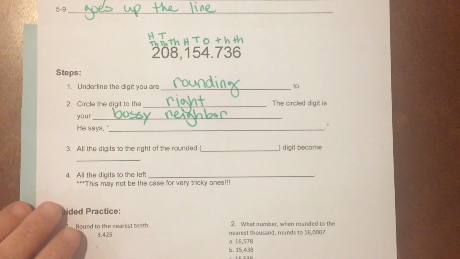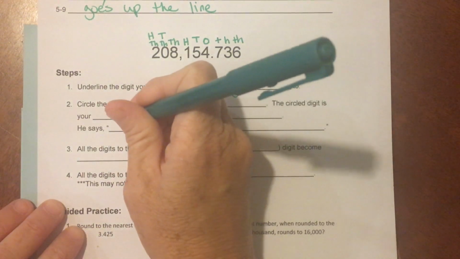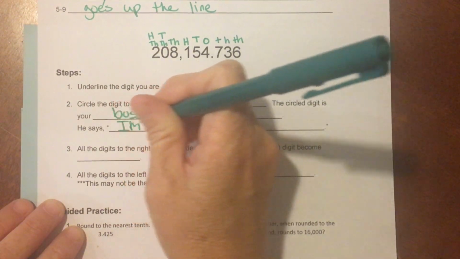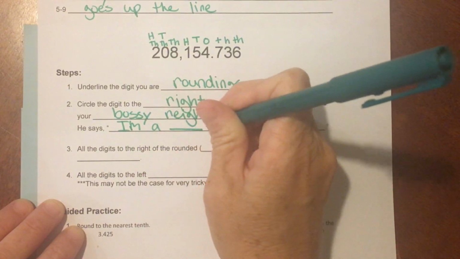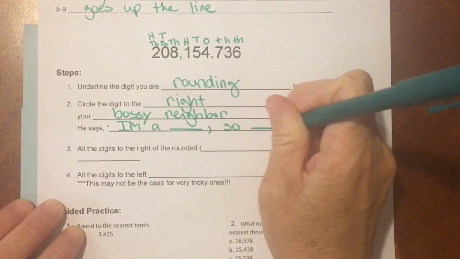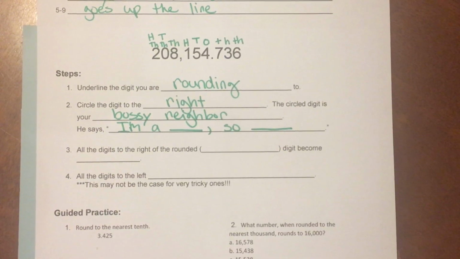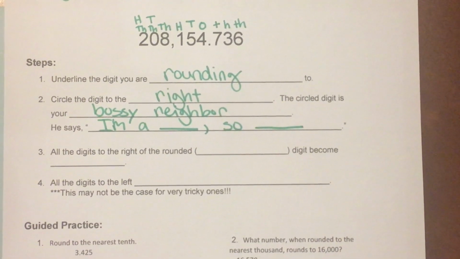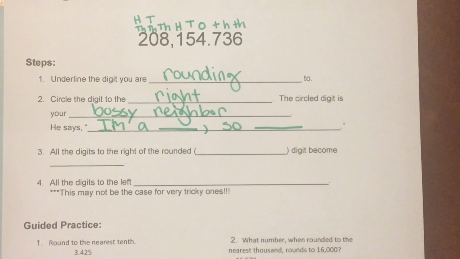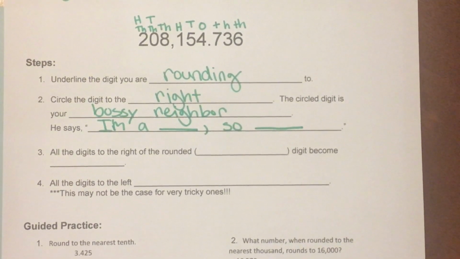So your bossy neighbor says, I'm a blank, so blank. He's going to tell the other number what to do. And we'll see what that looks like.